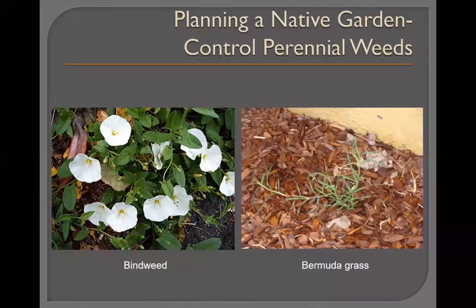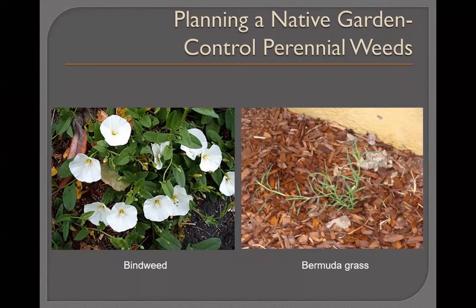And I learned my lesson over the years that even if it means waiting another 3 to 6 months before I plant or begin to install my native plant garden, you'll be more successful if you have these weeds under control. So really look at what kind of problem perennial weeds you have, and then eradicate those.